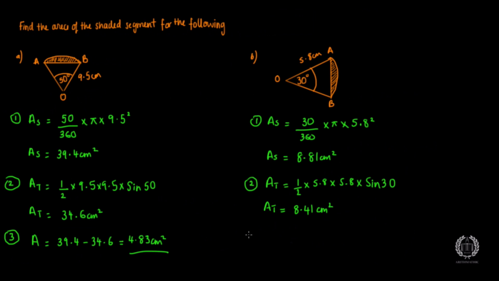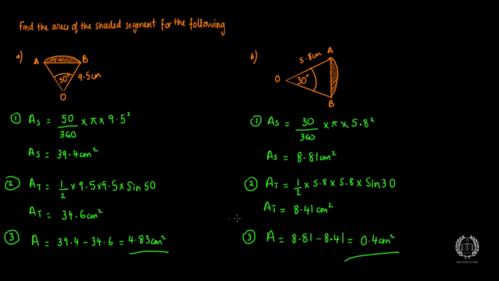The final step now is just to take away. So the final area is going to be 8.81 minus 8.41. So that is going to be equal to 0.4 centimeters squared. Okay, so if you've got this, well done.